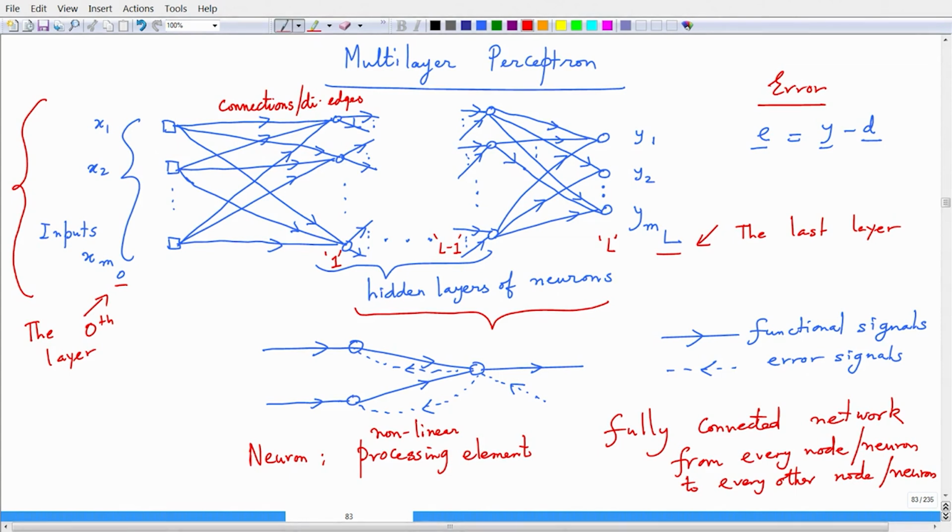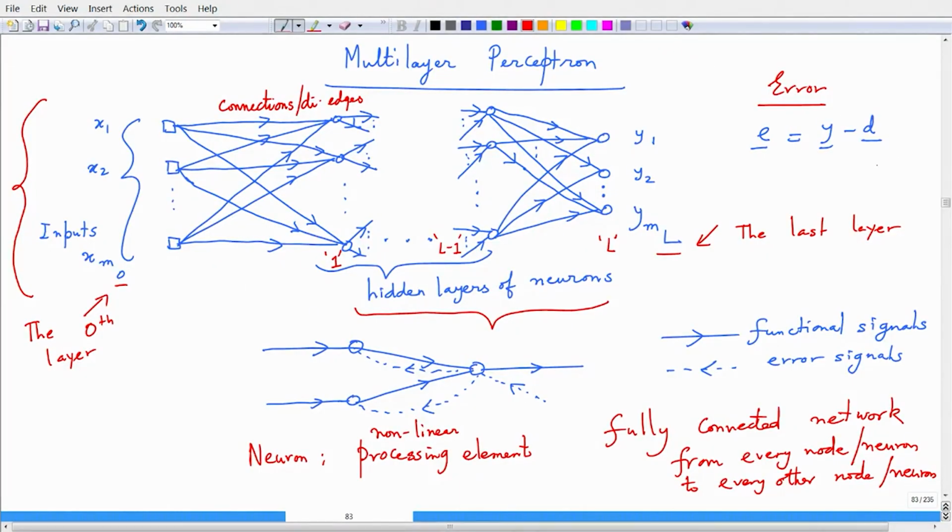Your y1, y2, y3 so on till y m suffix L can be computed based upon the connections within the network based on the inputs. Similarly, based on the inputs we can also have a desired response, right, and that could be this vector d.